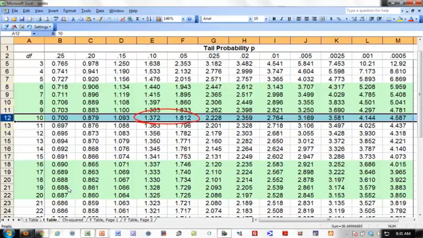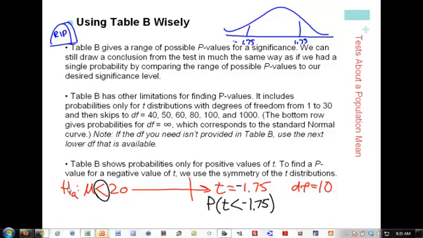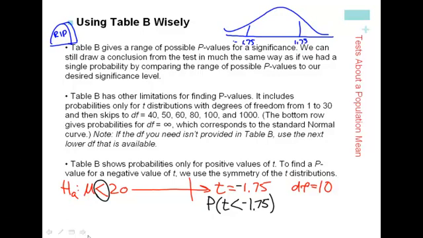That falls in that range. Okay. So we're going to say that the probability that t is less than negative 1.75 has a probability of between 5 and 10%. Whoa. Where'd it go? I think Excel just crashed.